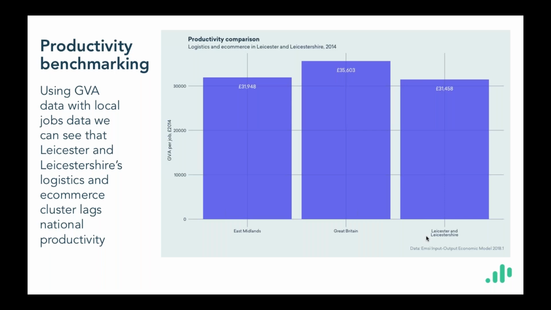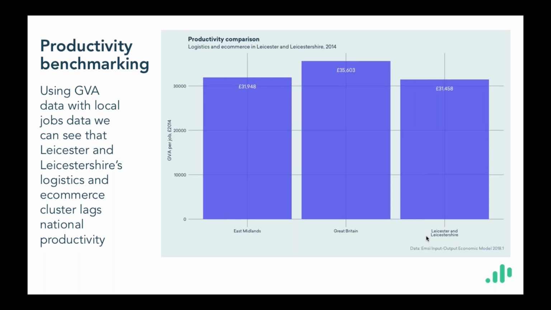Then we've got some benchmarking. So here we're back to Leicester and Leicestershire. But what we're looking at here is a comparison with the national picture and the regional. So we're looking still at logistics and e-commerce. And we can see that the logistics and e-commerce cluster within Leicester and Leicestershire Enterprise Partnership area lags behind the national. And there could be good reasons for that.